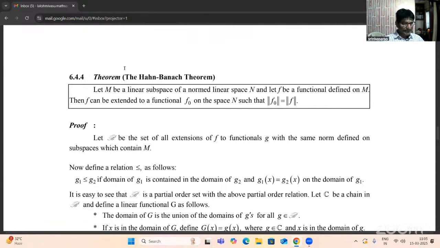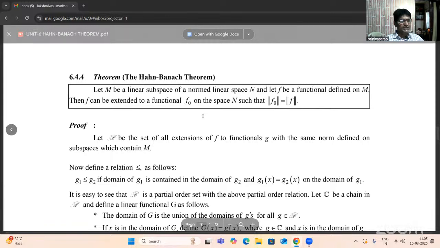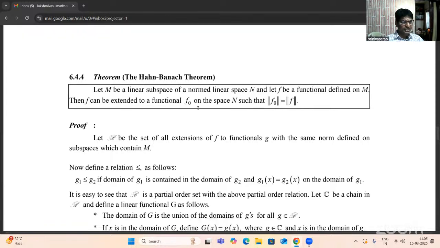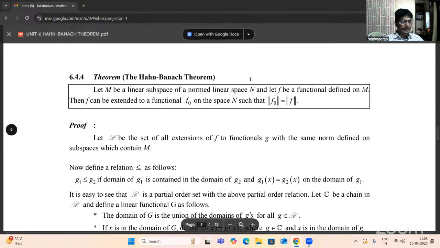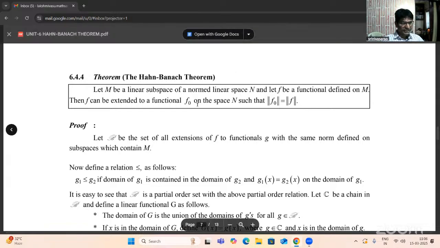Now, here capital M is a linear subspace of a normed linear space, capital N, and f is a functional defined on capital M. Now, here small f can be extended to a functional f naught. Same, there is no doubt. The direct concept is that capital M is a linear subspace of a normed linear space, capital N. So f is connecting capital M to N, and the extended functional is f naught.